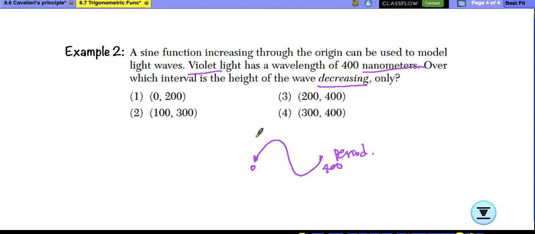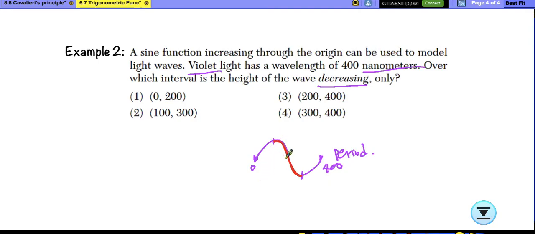So which part is decreasing? So we say from the highest one, then go down, down, down, down to the lowest one, and then start increasing again. So that means this piece, the one I traced in red, is the decreasing part.